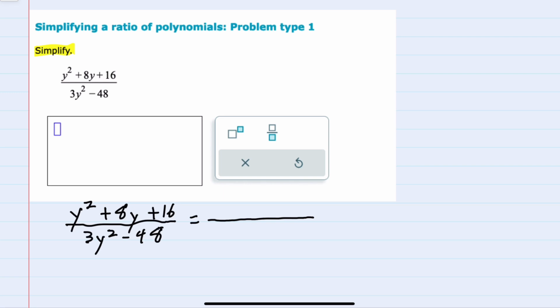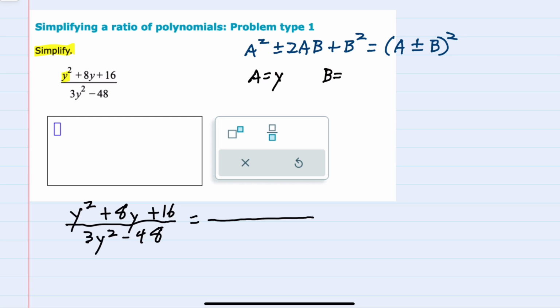Starting with the numerator, I recognize that as a perfect square trinomial, which has this form, and I know that perfect square trinomials factor in this way. But for this example, our a is y, and our b, this last term is b squared, so if b squared is 16, then b would be 4.